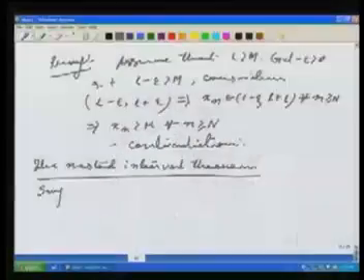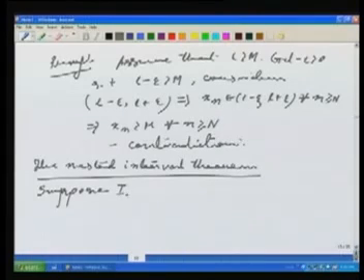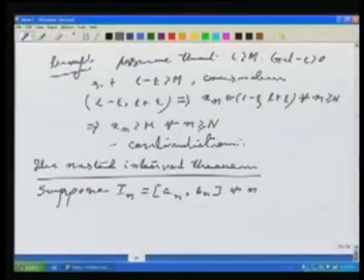The theorem is that suppose In is a closed interval given by an and bn for all n, such that In plus 1 is contained in In. That means as n increases, the intervals are getting smaller and smaller. One is contained in the other, and that is the meaning of the word nested.